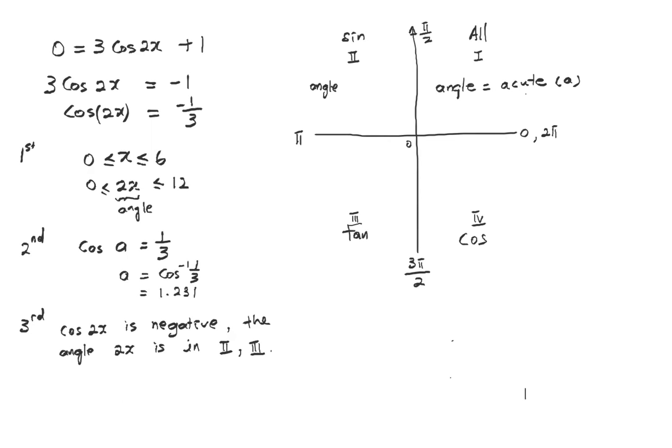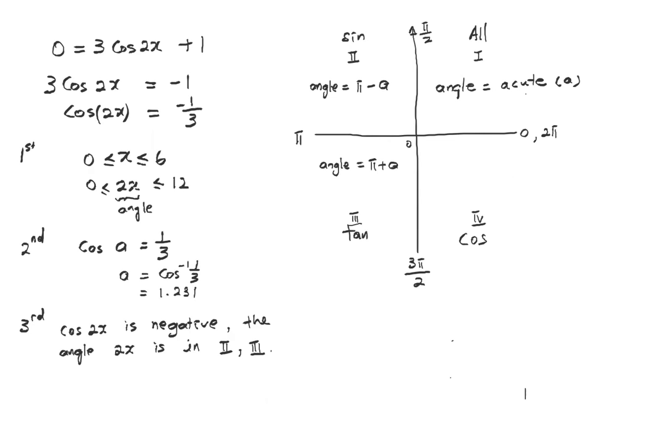The angle will be equal to pi minus the acute angle. That is the formula. You must remember and you must jot this down. And if it's in the third quadrant, the size of that angle will be pi plus the acute angle.